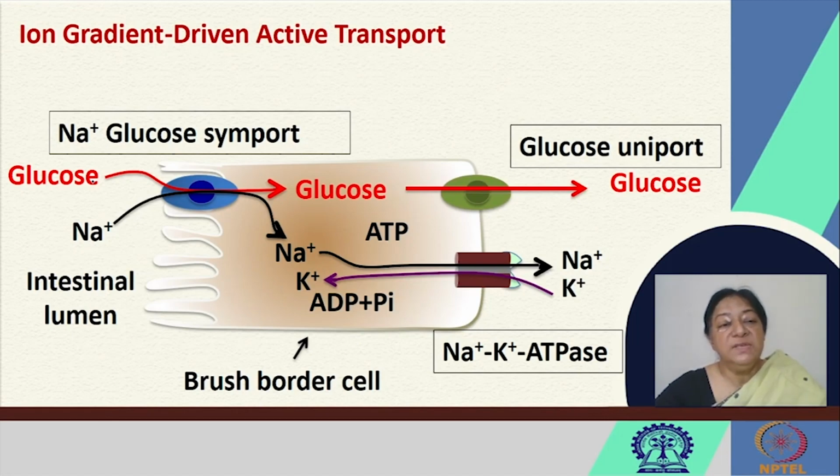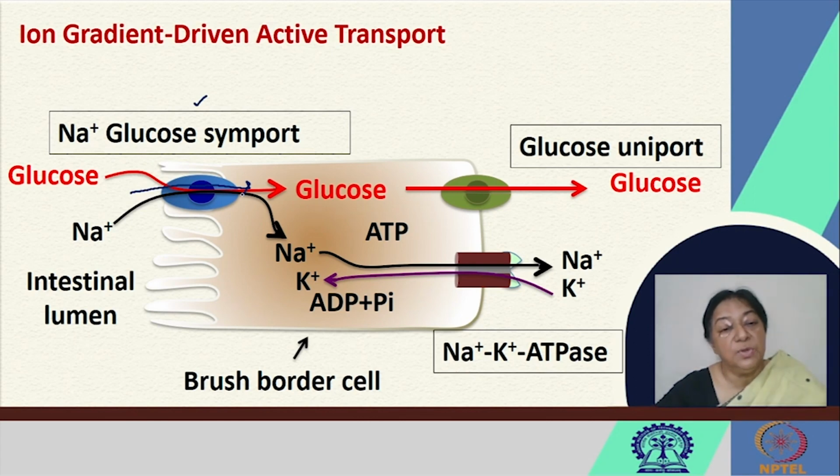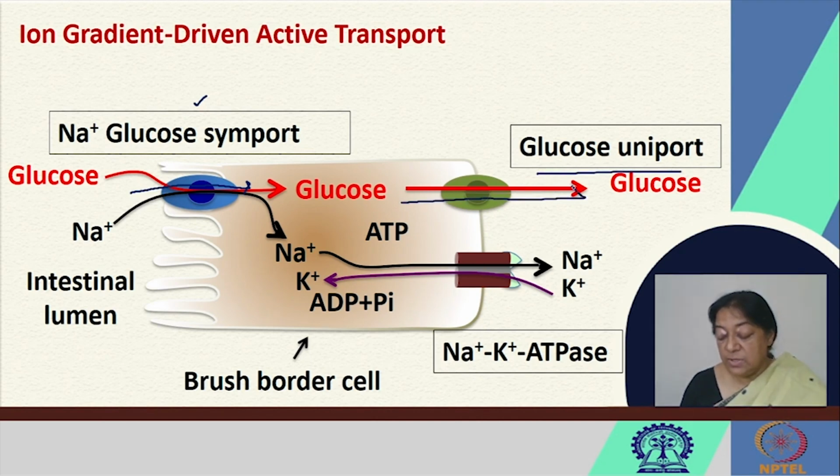So if we look at an overall system where we can picture an ion gradient driven active transport, we have an example where we have the sodium glucose symport, where we have the transport of the ion and the transport of the molecule across. Now, a glucose uniport means that it allows the transport of glucose across this.